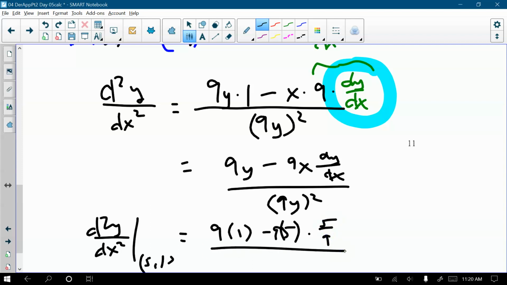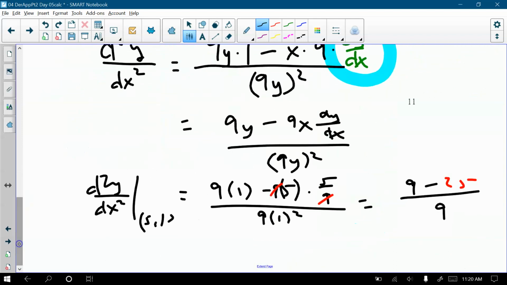At the bottom was 9 times 1 squared. Let's see what we get here. We get 9 minus, these 9's cancel, so we get 9 minus 25 over 9. Okay, that's negative 16 over 9.